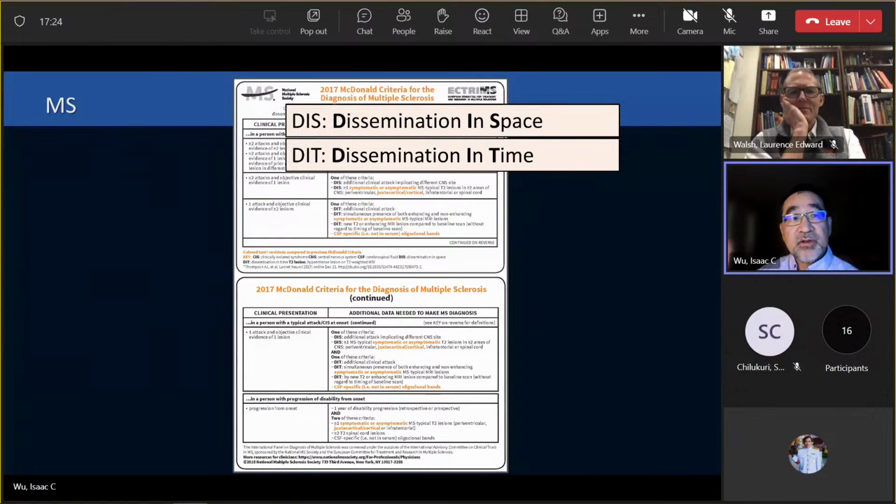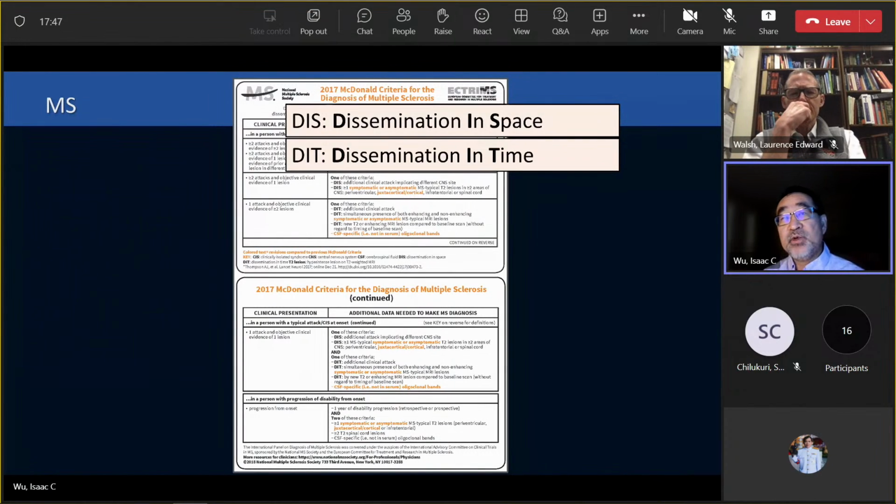The buzzwords that I think most of us have heard are dissemination in space and dissemination in time. Dissemination in space is easy, just different locations. For radiologists, that's very easy: you just look for lesions in separate territories. Dissemination in time is a little bit trickier. Basically, it's lesions that behave differently over time.